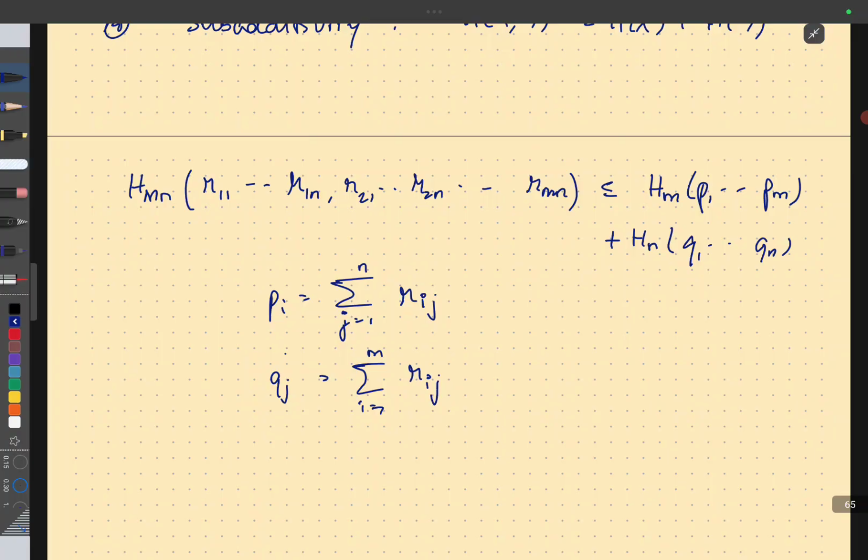So I can write all of the probabilities r_ij in the form of a table. So this is some joint distribution. So p_i corresponds to the marginal of each row, of the ith row, and q corresponds to the marginal corresponding to each column.